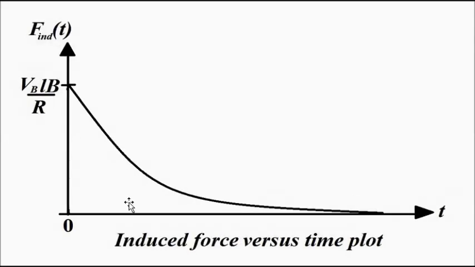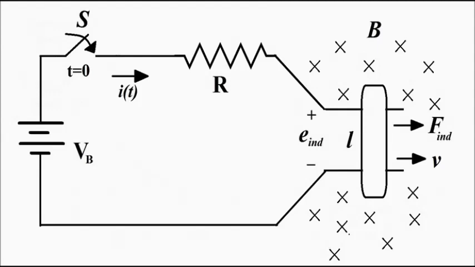So this is the whole concept of the linear DC machine. This concept comes very handy to understand the advanced concepts related to the functioning of motor as well as generator.